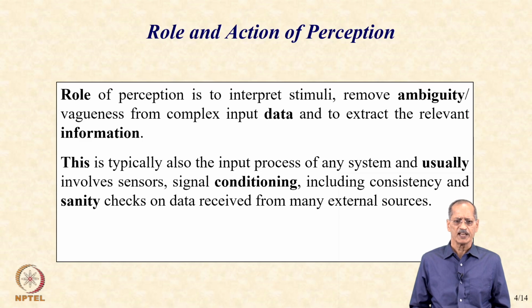And this is typically the input process of any system. You will immediately realize that to do this you will require sensors, signal conditioning, and consistency and sanity checks of data received from many external sources.